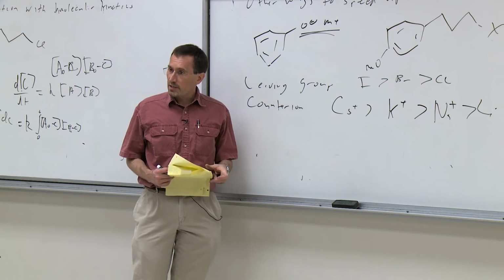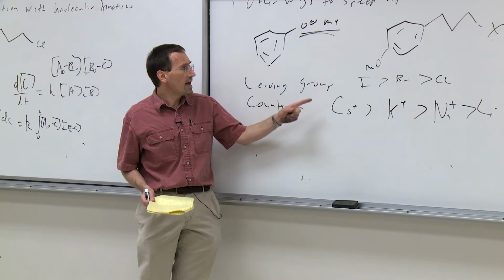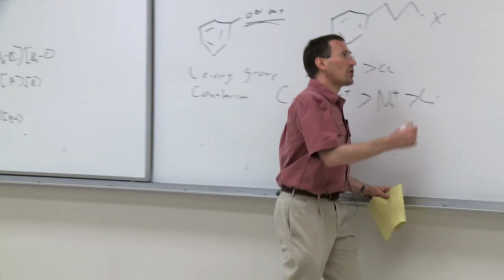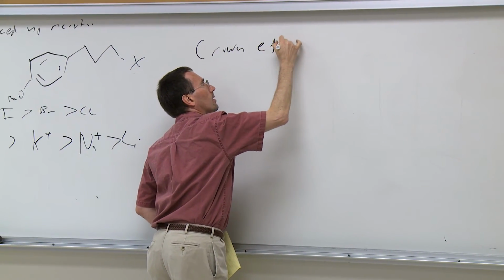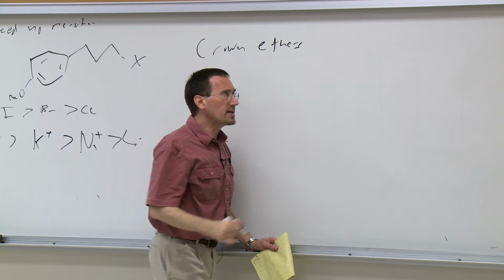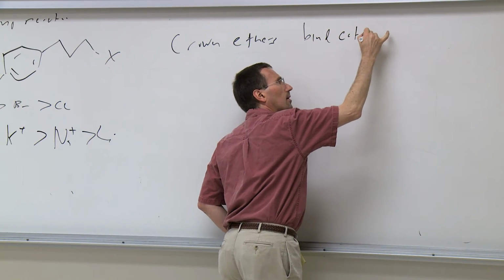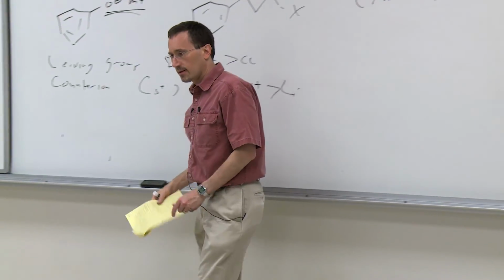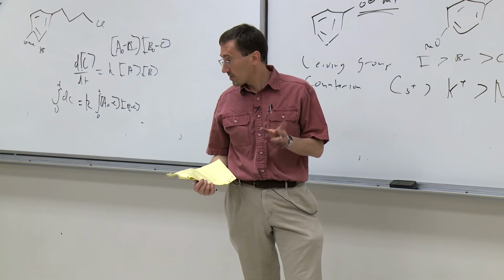There are various things that you can add to help sequester a cation. One of these is crown ethers. Crown ethers bind cations. Pedersen first discovered this.